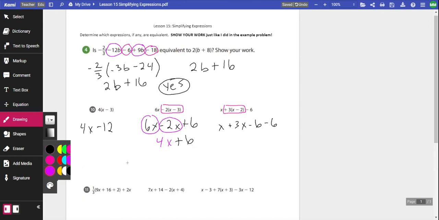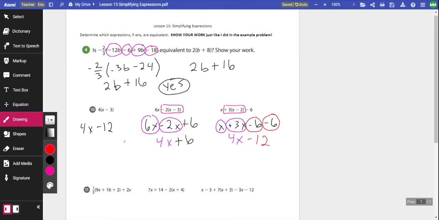Then I got some like terms. So x plus 3x would be 4x. And then I have minus 6 and another minus 6. So negative 6 and negative 6 is negative 12. Again, use your calculator if you don't know that.